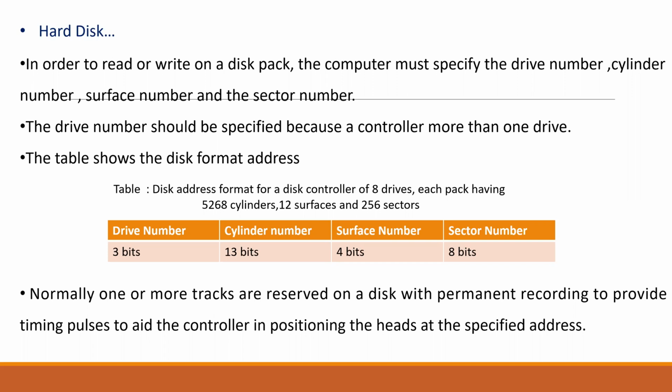The surface number is up to 4 bits, and the sector number is up to 8 bits. So the first 3 bits are for the drive number, the next 13 bits for the cylinder number, the next 4 bits for the surface number, and the next 8 bits for the sector number.